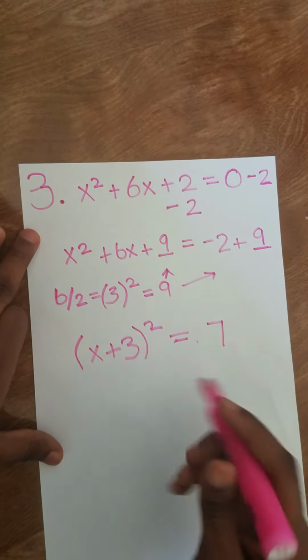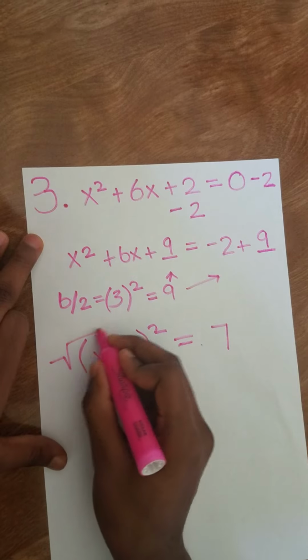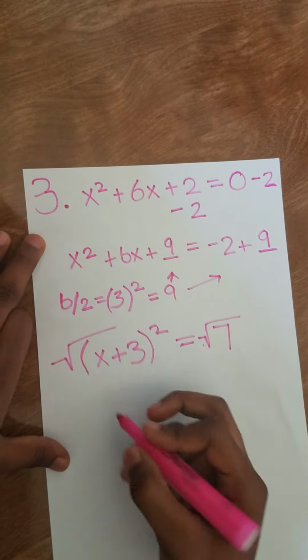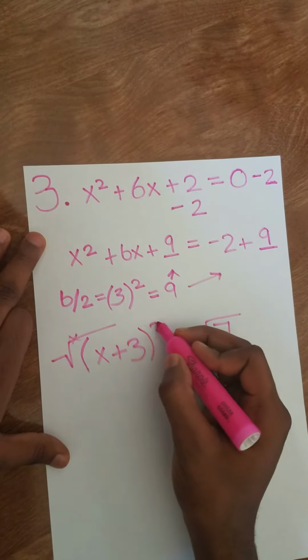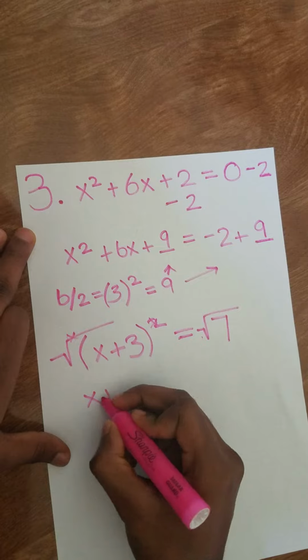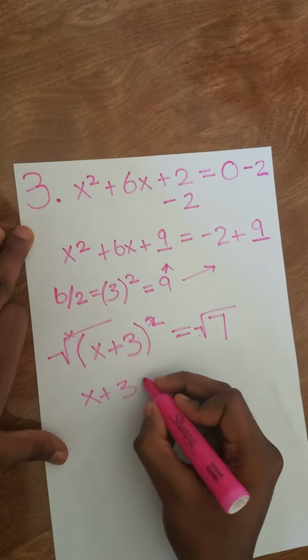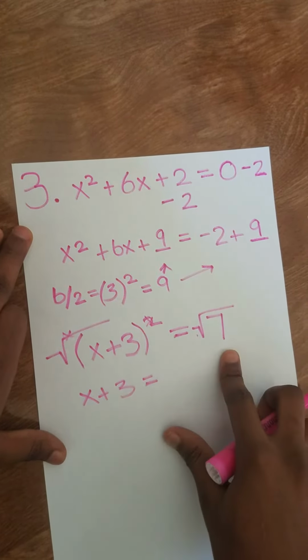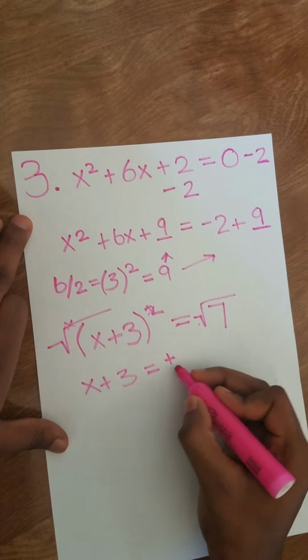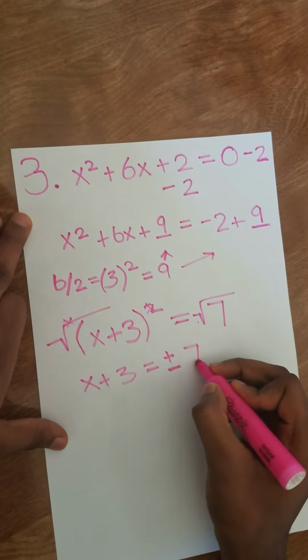So now we have to square root both sides. So this would just turn out to be, because these cancel each other out, x plus 3, which would equal, oh but wait, there's no perfect square that would go into 7, so that would equal our plus and minus root 7.